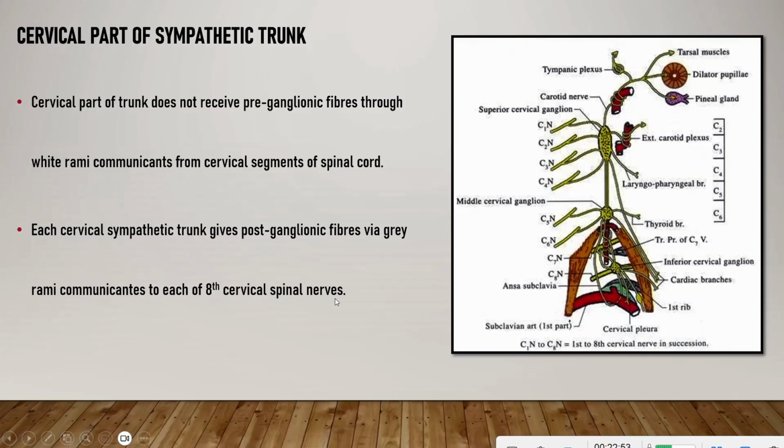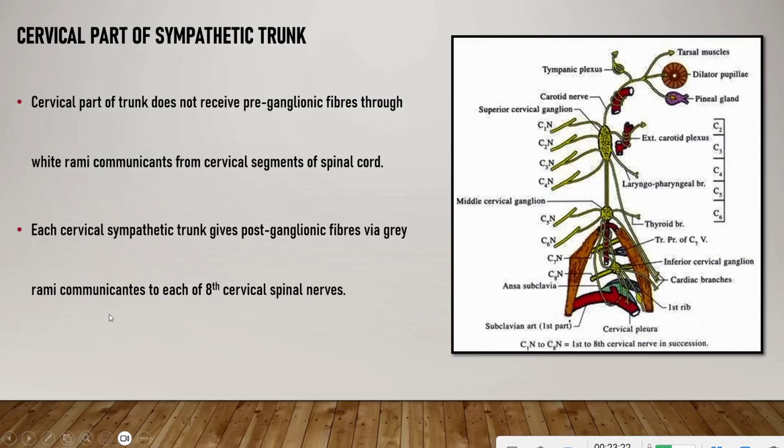Now remember that in the diagram of typical spinal nerves, there were white rami communicantes and gray rami communicantes. The white rami communicantes give the preganglionic fibers to the sympathetic ganglion, and from the sympathetic ganglion, after the relay, the postganglionic fibers go via the gray rami communicantes.